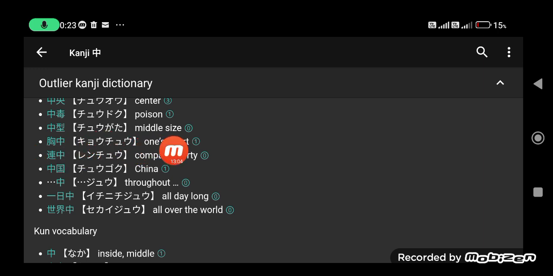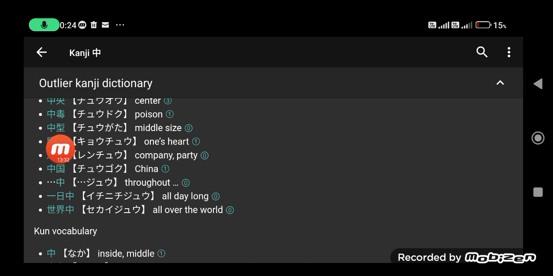Chugata, middle size. This is kata, but in the principle of fukugogo, or kanji compounding, of course the non-first kanji's onyomi reading will be transformed from its basic onyomi reading to its Dakten form.